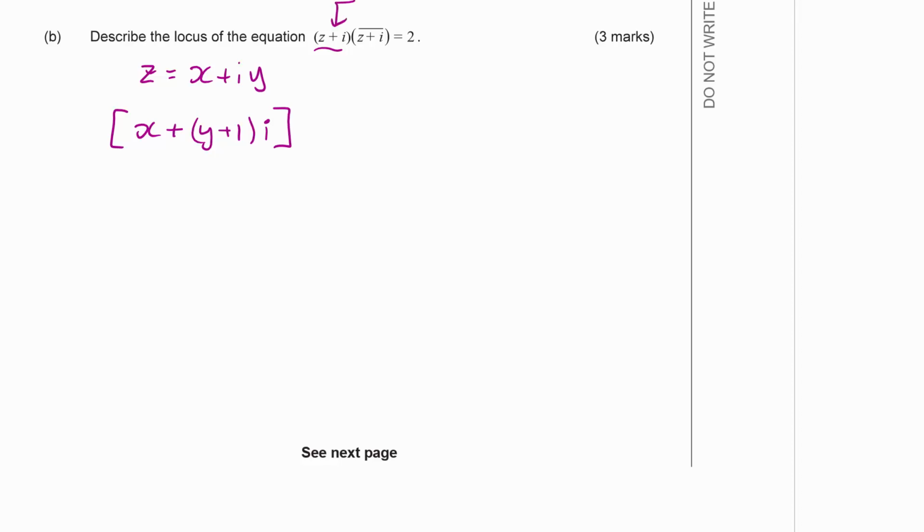And then just factorize the imaginary part. And then here we want the conjugate of z plus i. Well, z plus i is the contents of the other bracket, and the conjugate of that is going to be x minus (y plus 1)i, and that's equal to 2.